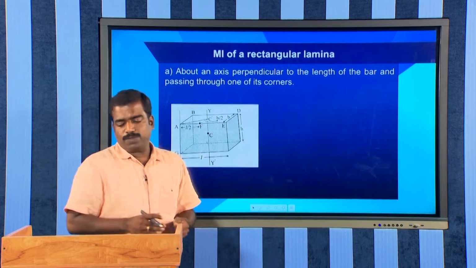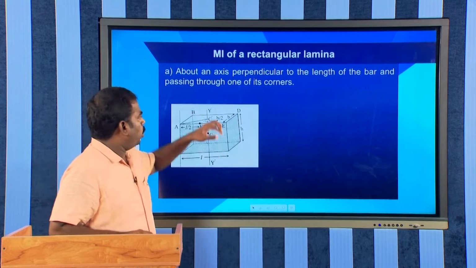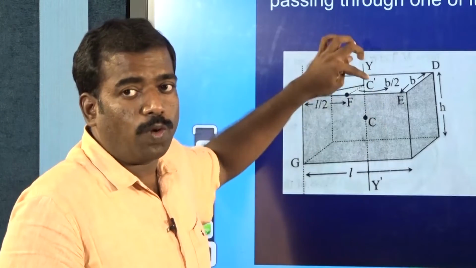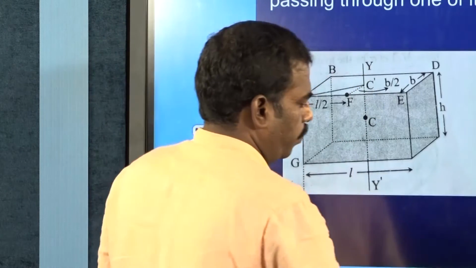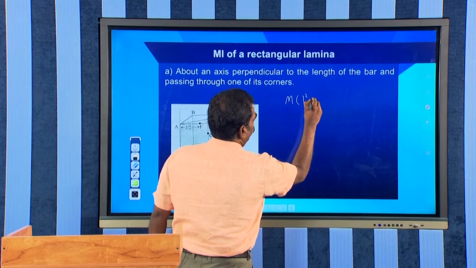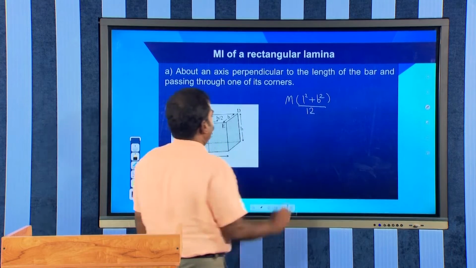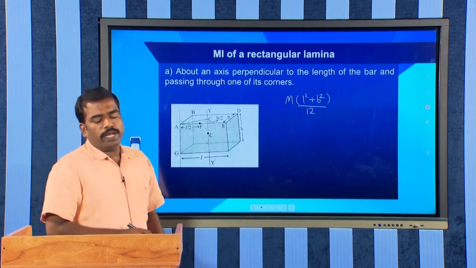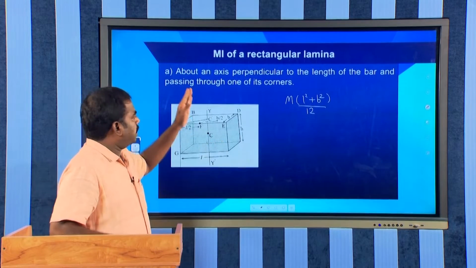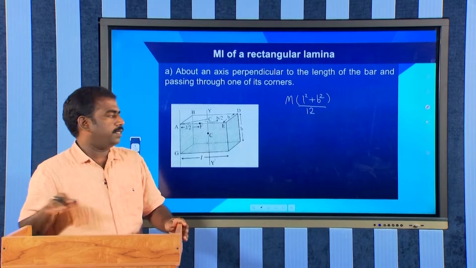In the previous case we learned that the moment of inertia of the rectangular bar about an axis passing through its center of mass and perpendicular to its length, about y dash, is given by m into (L square plus B square) by 12. How can we calculate the moment of inertia about an axis passing through one of its corners? We can use the parallel axis theorem.